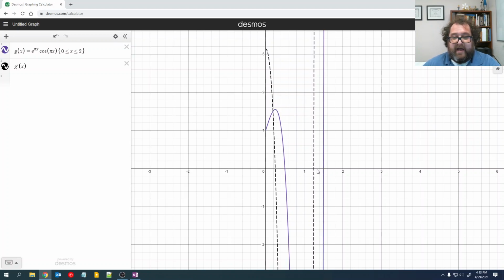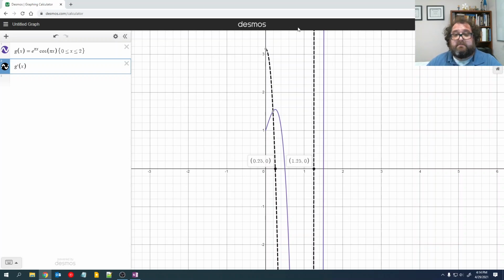Notice that the graph of the derivative is below the x-axis from positive 1/4 to positive 1 1/4, which means the original function, the purple function, is decreasing over that same interval. So where the original function is decreasing, the derivative function is below the x-axis. Where the original function is increasing, the derivative function is above the x-axis.